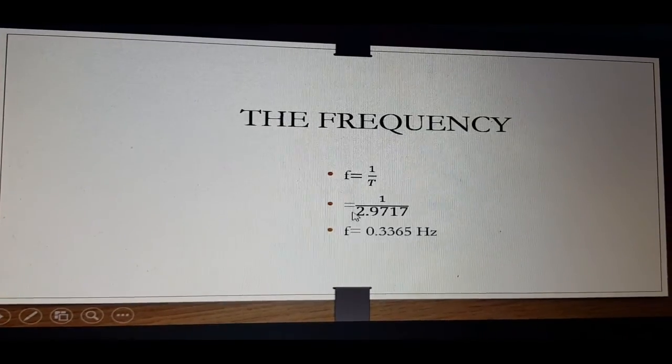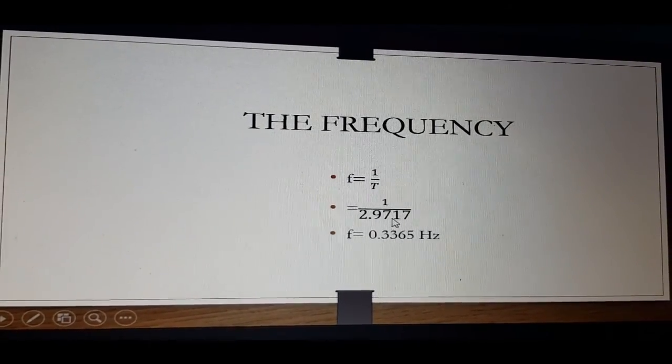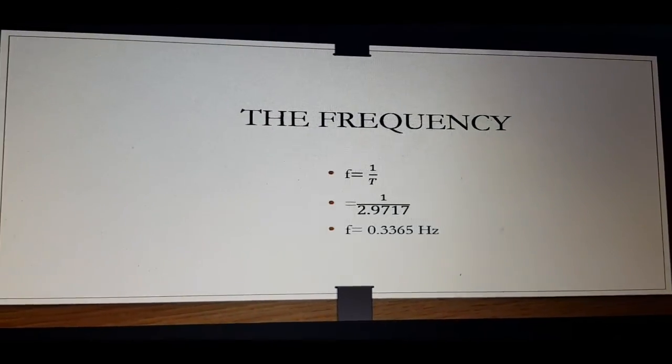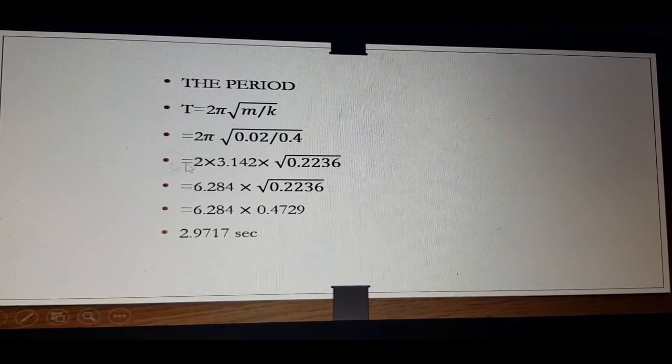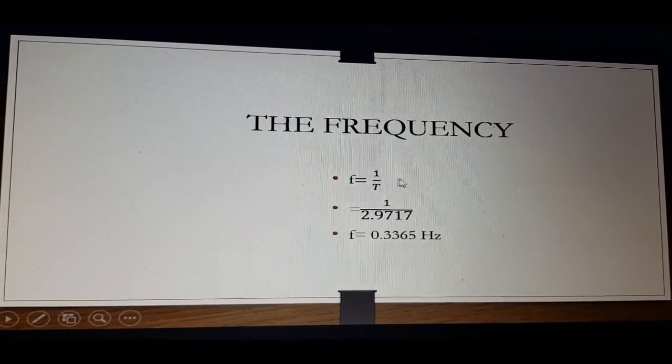This is 1 all over 2.9719, which is our value that we calculated here for T. So we have to just insert it here. Why?